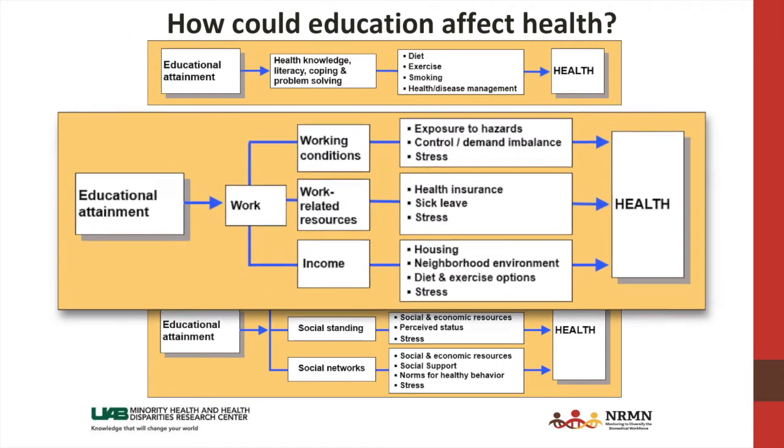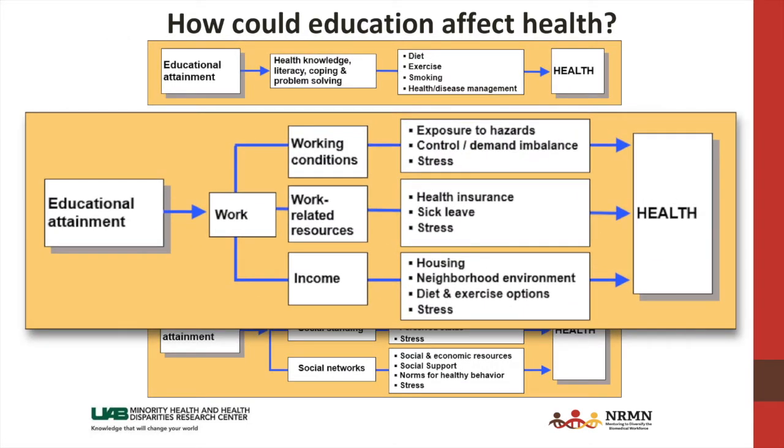Also, as we mentioned, education attainment can impact what kind of work and work condition a person can get, or the income from this job. That would impact health insurance, if they can leave work if they're sick, or stress. It can impact their stress if the work they do is not safe work.